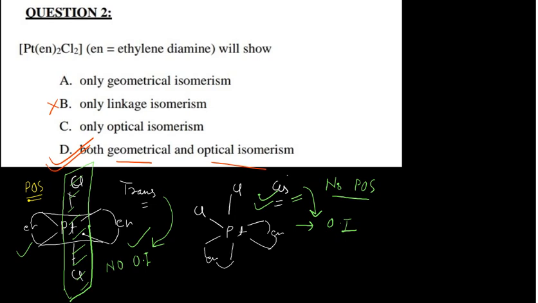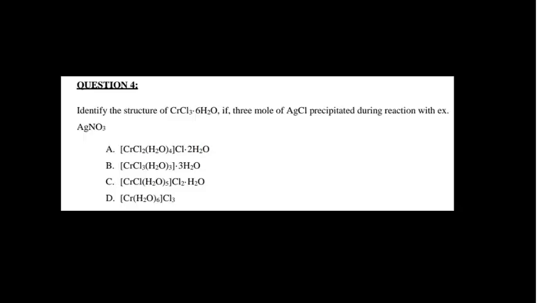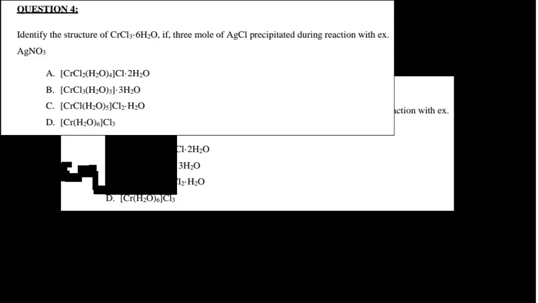Now moving to the next problem. It says: identify the structure of chromium(III) chloride with 6H2O if 3 moles of AgCl precipitated. Now it is again a very simple kind of problem.